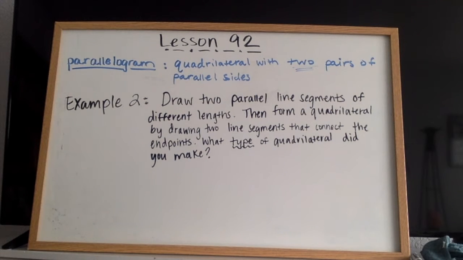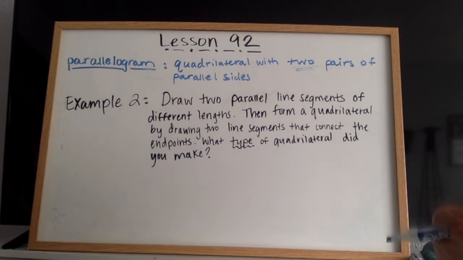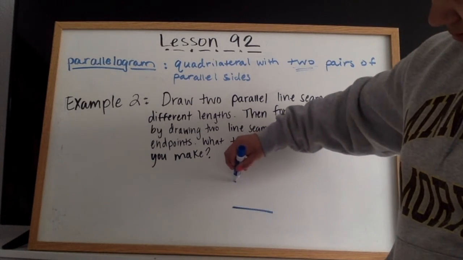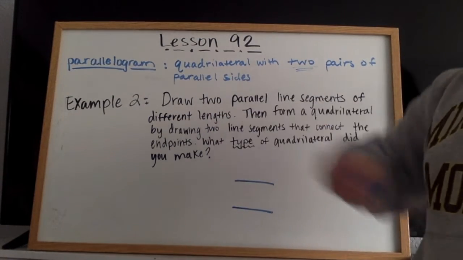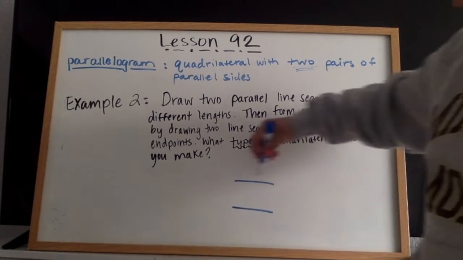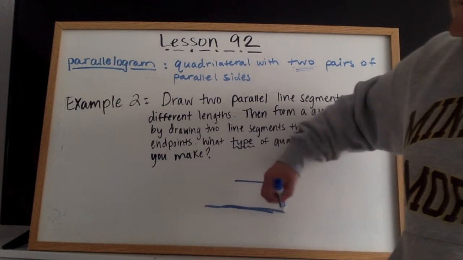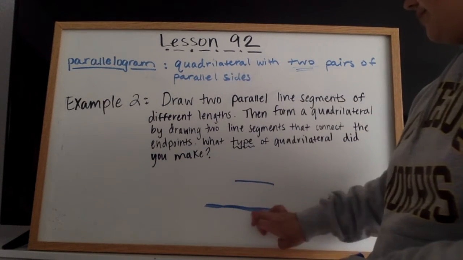So I'm going to go back to that first sentence that says draw 2 parallel line segments of different length. 2 parallel line segments. Okay, there's parallel, but then it said they have to be different lengths. So I'm going to make one longer. That is not perfect at all, but that's okay.